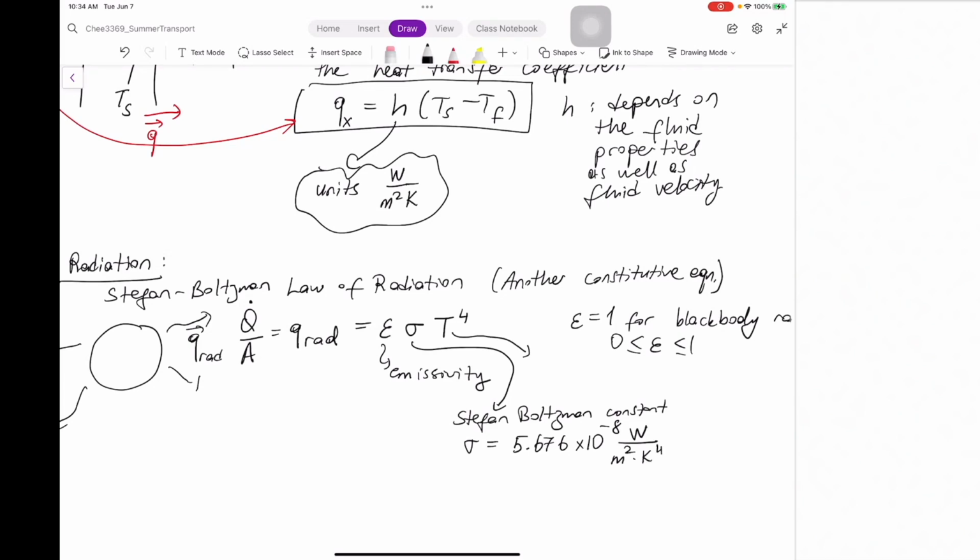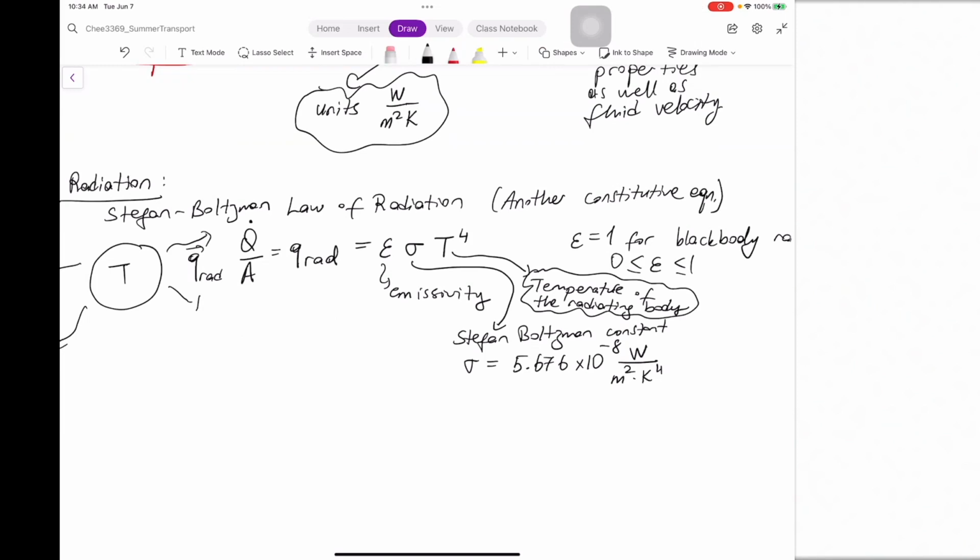And T is the temperature of the radiating body. Okay. So if you know the temperature and if you know the emissivity, you can calculate how much heat is being radiated. You can roughly calculate it for everyday objects, and you can actually calculate it for objects which are at extremely large temperature, like for example 1000 Kelvin, and you can have an idea about how much this changes.